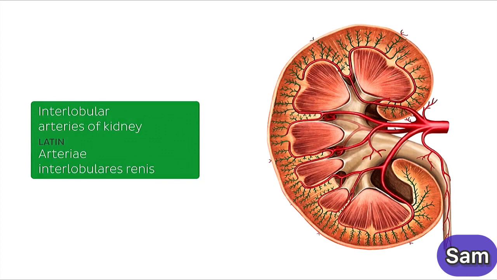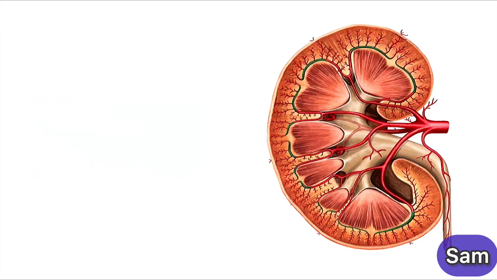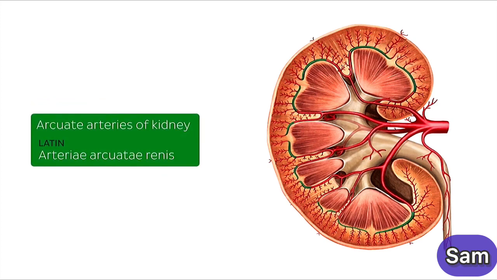As I mentioned before, the next ones are known as the arcuate arteries. The arcuate arteries are seen here located at the corticomedullary border, meaning the border between the renal cortex and the medulla. Now, the terminal arteries are formed then by the interlobular arteries, and they arise from these arcuate arteries.